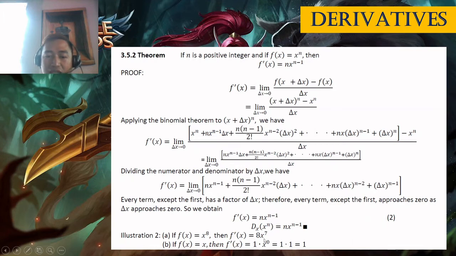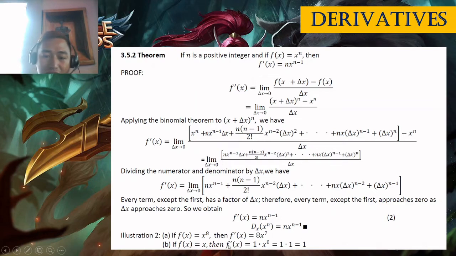Or, dx ni x to the power of n, kay kana, dx sa f of x, or pulihan na nato ang f of x of x to the n, is equal to kani, n times x to the power of n minus 1. So, pwede na siya nga pagsulat class. Okay, example pa, if f of x is equal to x to the 8, kay dara, so si 8 class atong i-times diri, so dara 8, then x to the power of 7 na lang, kay minusan man nato og 1.